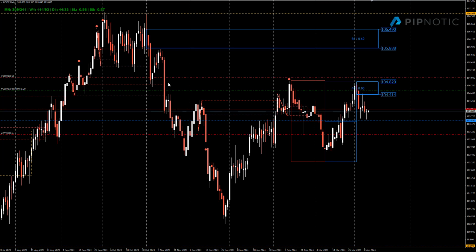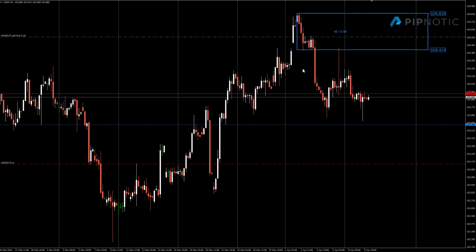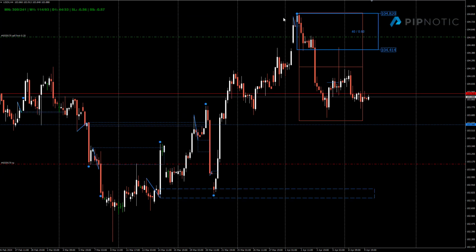So on the 4-hour chart, you can see that we have this lovely 4-hour zone here which was tested. I'll just use this rectangle. Okay, it was tested beautifully, and now prices went down. And so I'm thinking that prices will maybe come up and have another test before that sentiment kicks in.